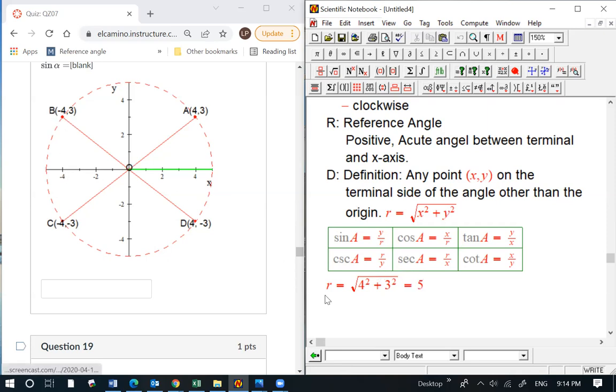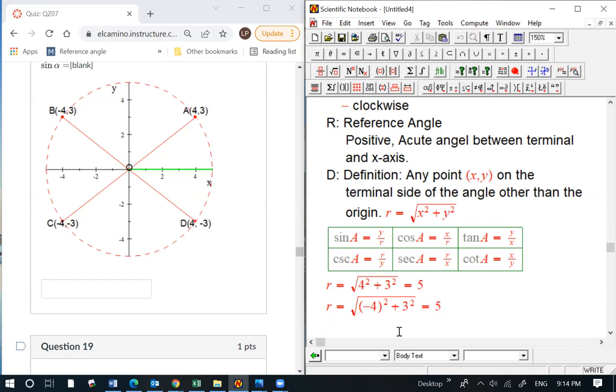If you look at point B, what is that R? That R is still the square root of x squared plus y squared. So this is going to be negative 4 squared plus 3 squared. It's still going to be 5.